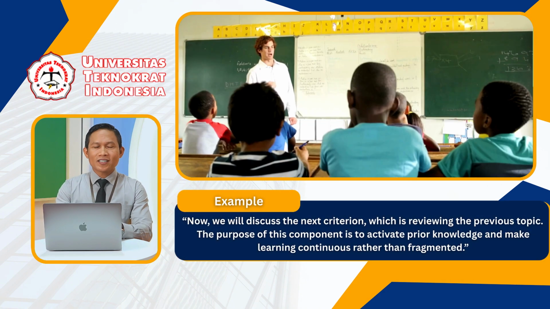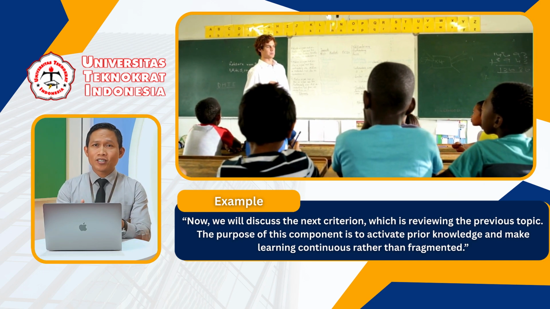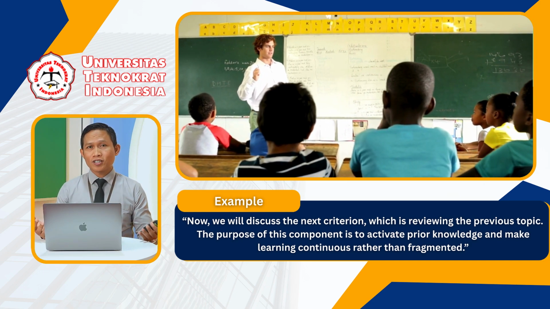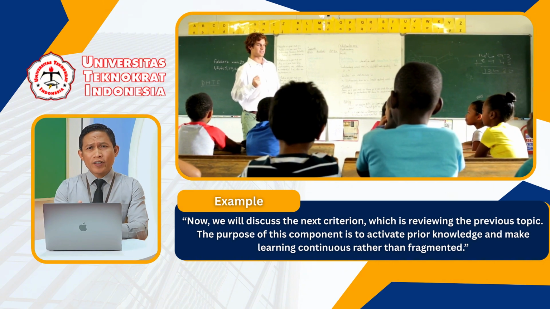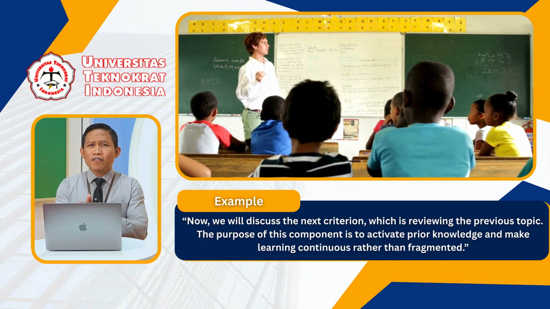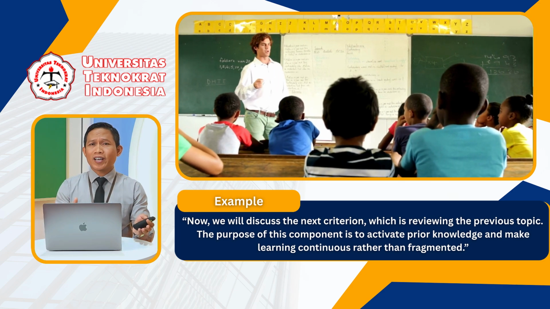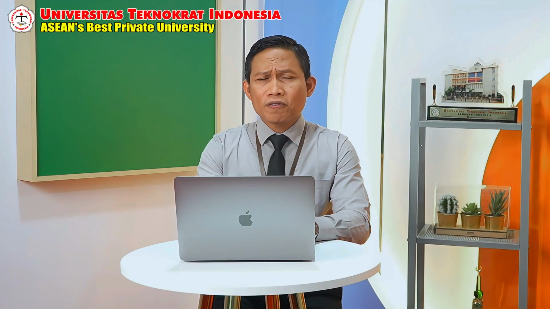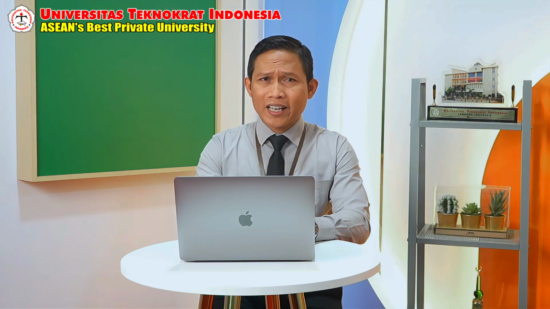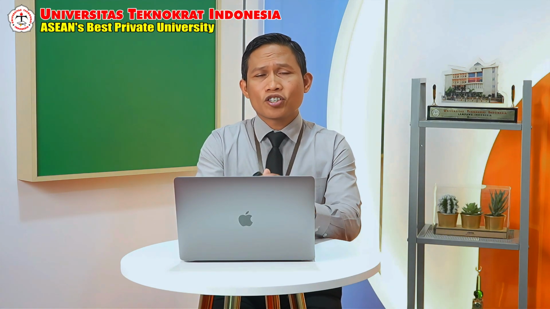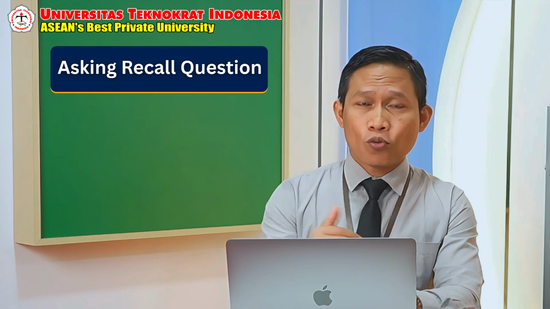Now, we will discuss the next criterion, which is reviewing the previous topics. The purpose of this component is to activate prior knowledge and make learning continuous rather than fragmented. There are several effective strategies that can be implemented, such as asking recall questions.